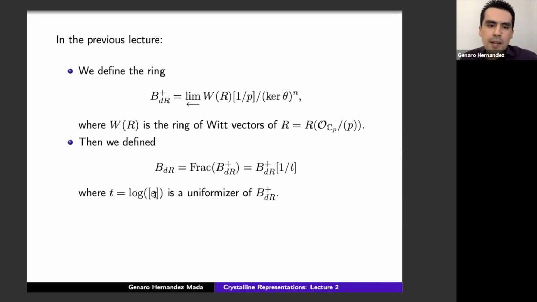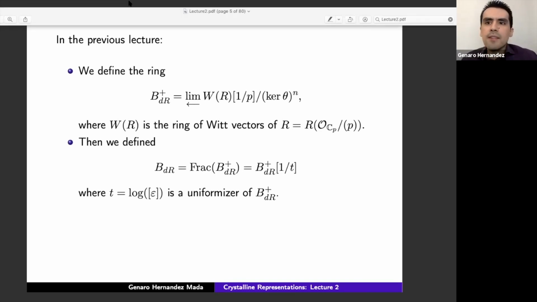We saw yesterday, at least we stated, that that series converges to a uniformizer, and we took that one. And so we defined B_dR to be that field.